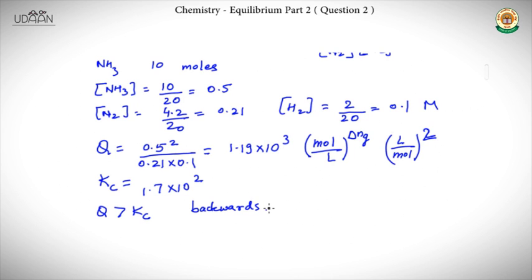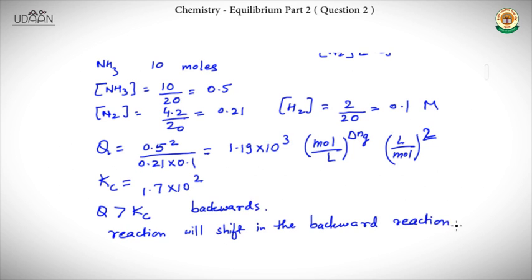Exactly. In both Q and Kc, the numerator has products and the denominator has reactants. Whatever the numerator should be in Kc, you have more than that in Q, which means you need to reduce it, so the products are going to be lesser and the reactants greater.